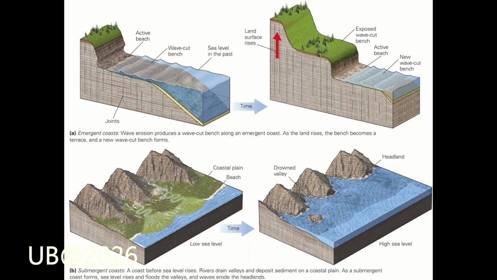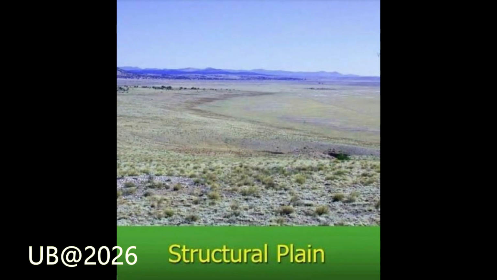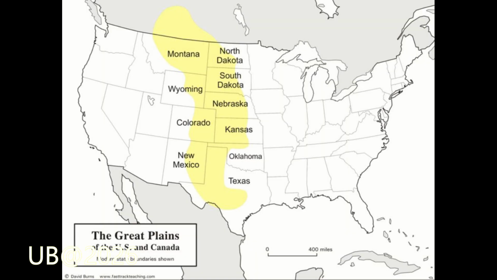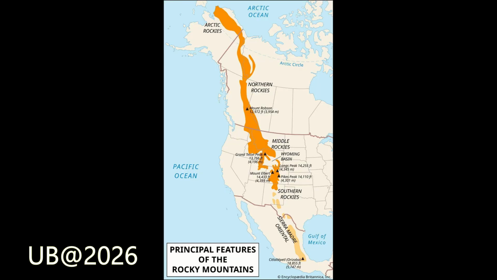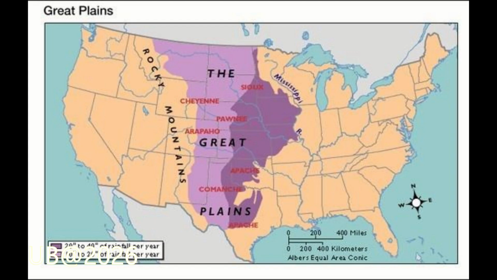Now, wind, water, and various other weathering agents pick up these erosional plains and ultimately lead to these low undulating plain regions.